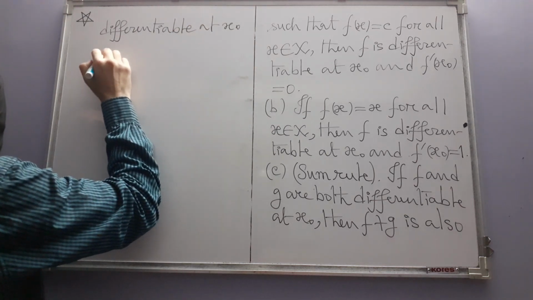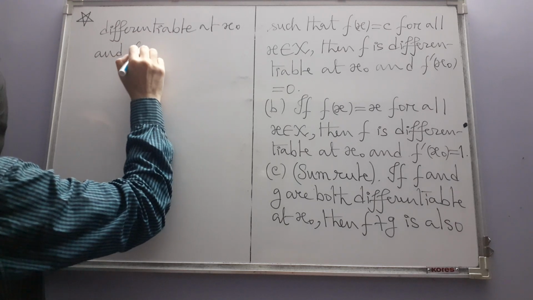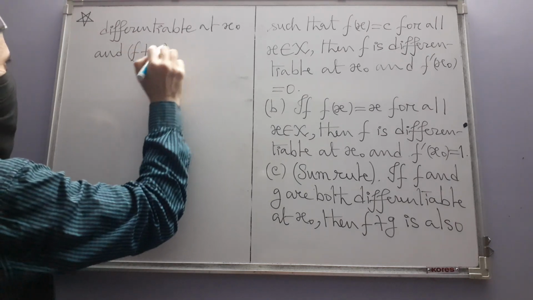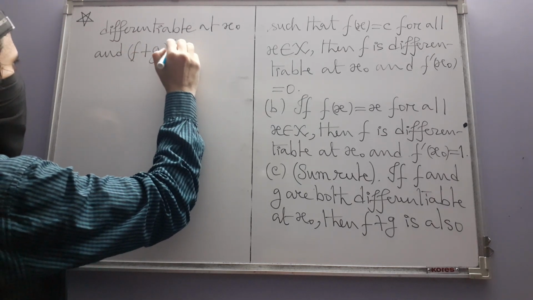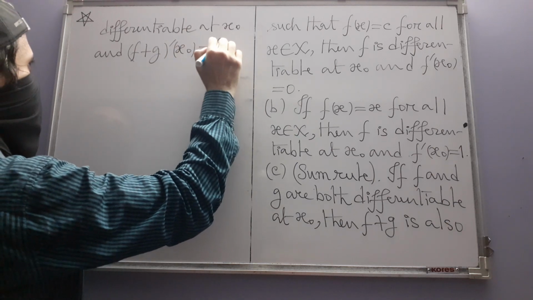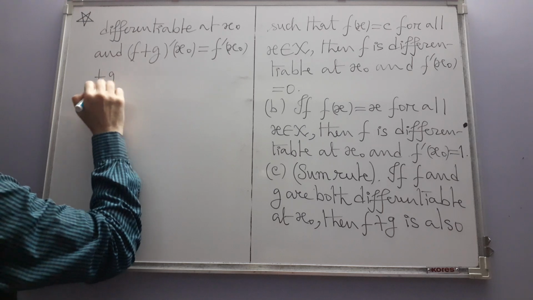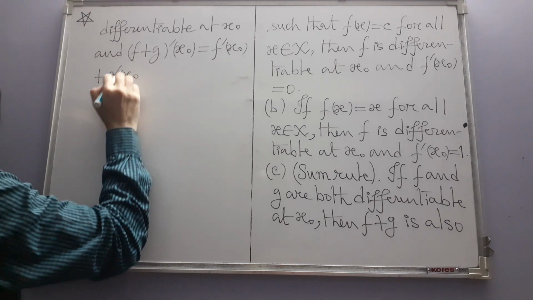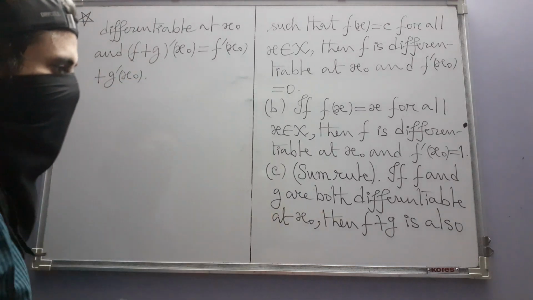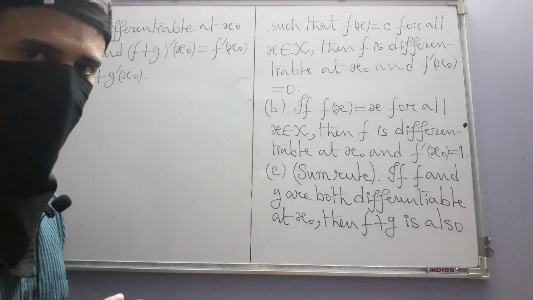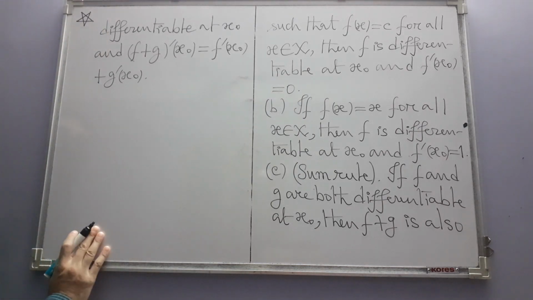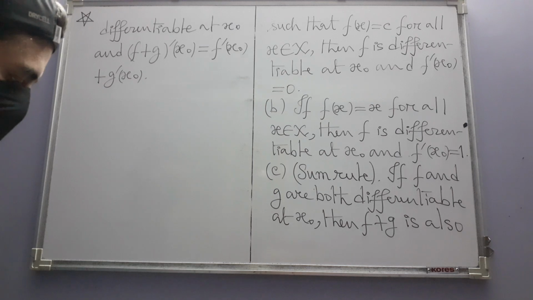And the derivative of f plus g at x naught is the sum of the derivatives of f and g at x naught, and they of course exist. That is our hypothesis, because f and g are differentiable at x naught. So that is the sum rule.